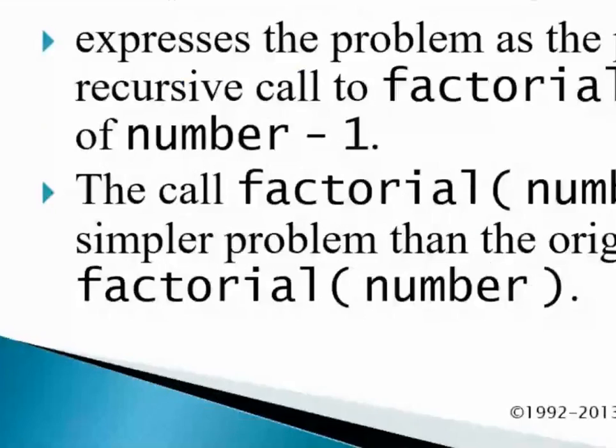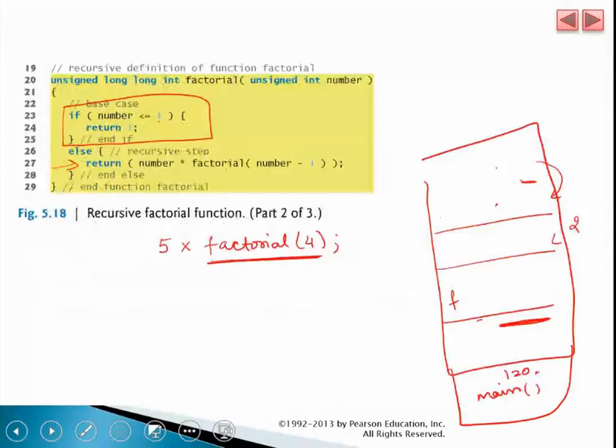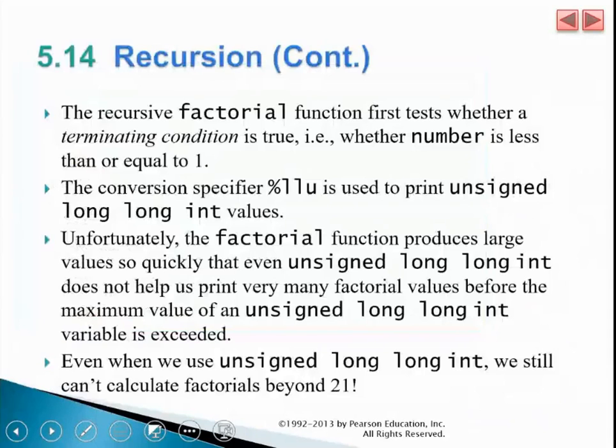Because the factorial increases very rapidly. The number will get increased, so therefore you have to use unsigned long int. Even if you keep it unsigned long int, you cannot calculate factorial beyond 21 factorial. The number is very high.